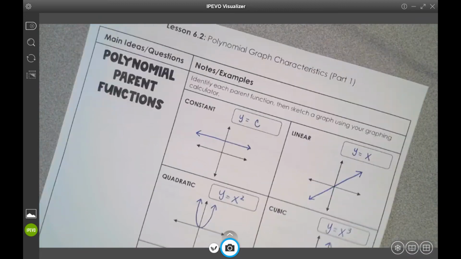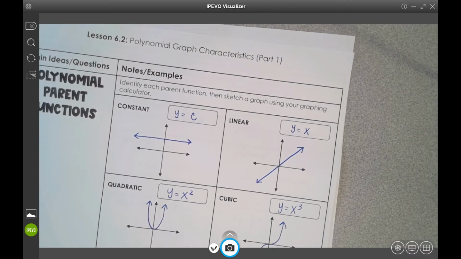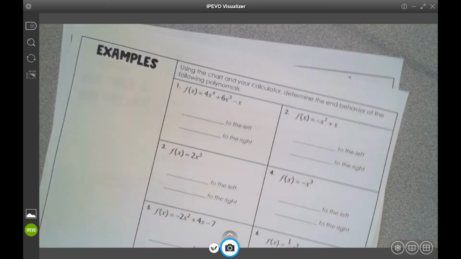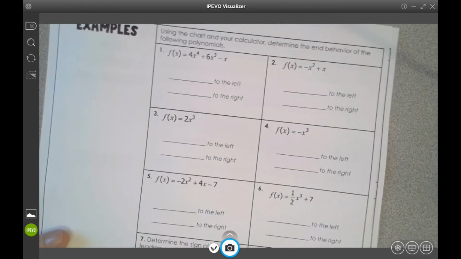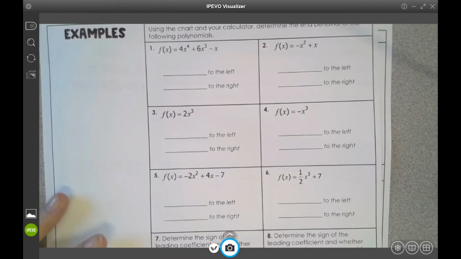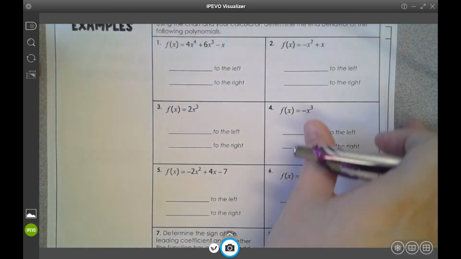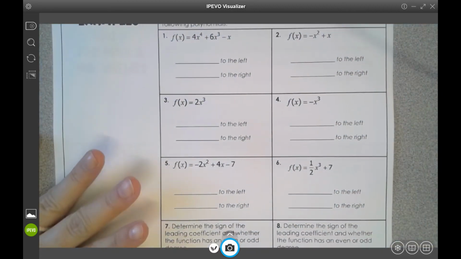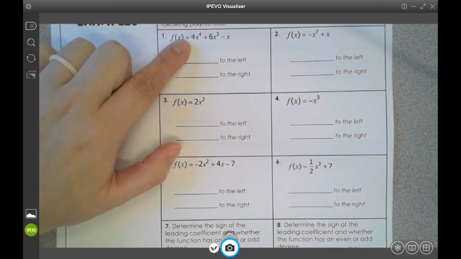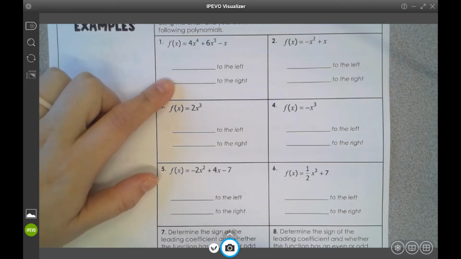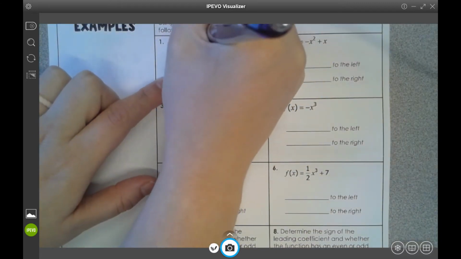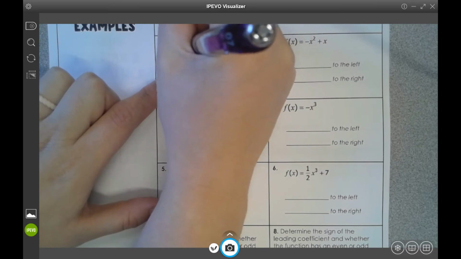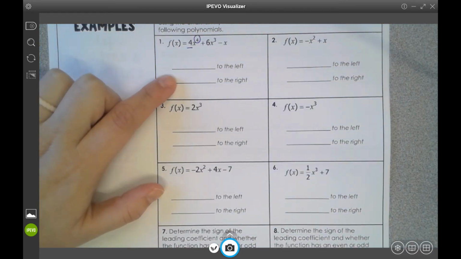All right, so let's look at some examples. You could type those into the calculator, but it might be faster to refer back to your chart. So for number 1, we only care about the highest exponent, your degree, and the number out front.